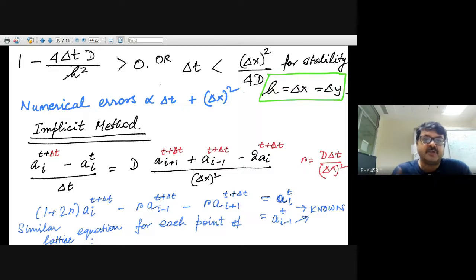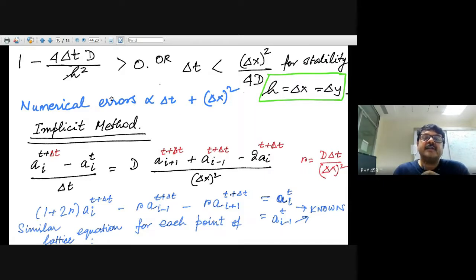There is a book which I already posted. So this has to be positive. When you are solving it, you have to be always careful that the choice of your delta t is smaller than delta x whole square by 4d, where delta x equals h, equal to delta x equal to delta y. Only if this condition is satisfied will the solution be stable.